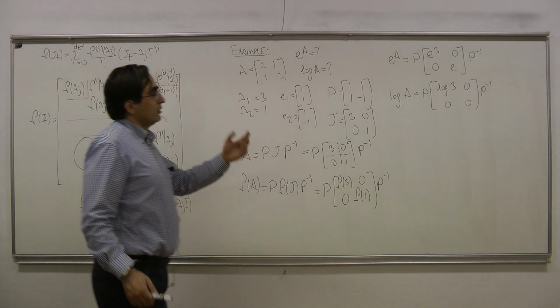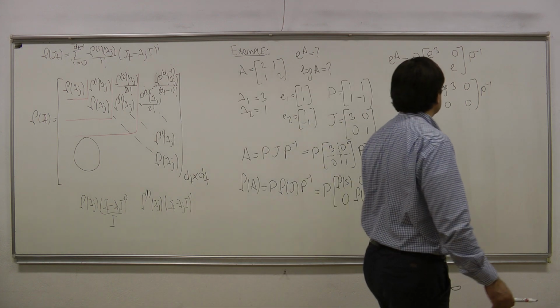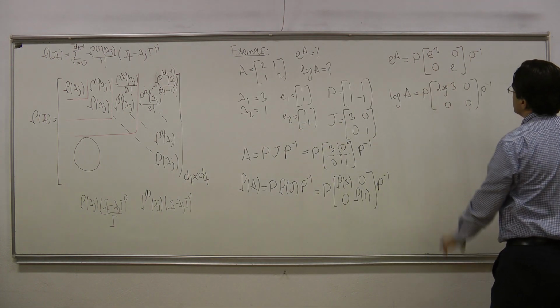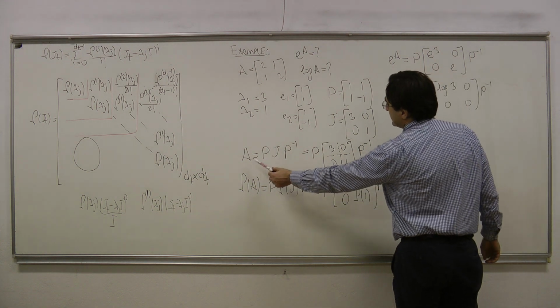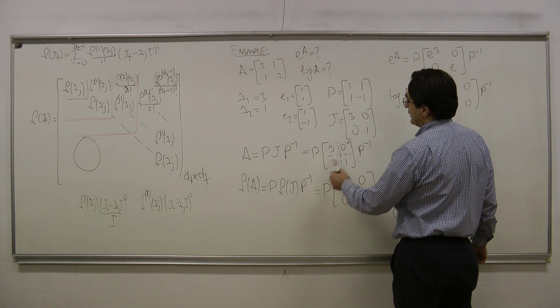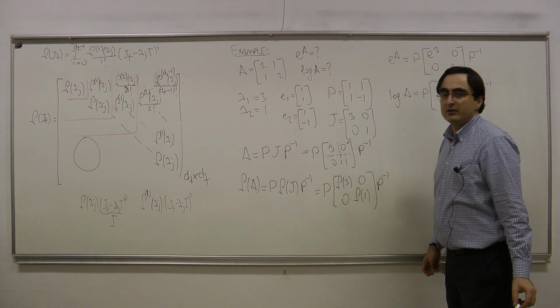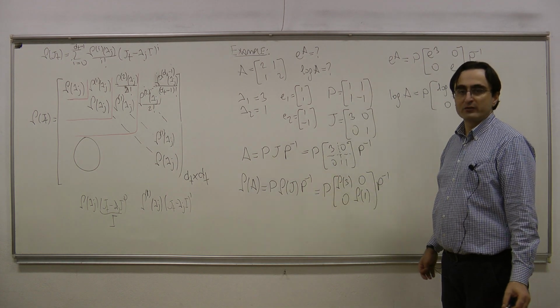Now we're going to pay some special attention to the structures of these matrices. You see that A is written as P J P inverse, and here J is a diagonal matrix because we have a Hermitian matrix in this case.